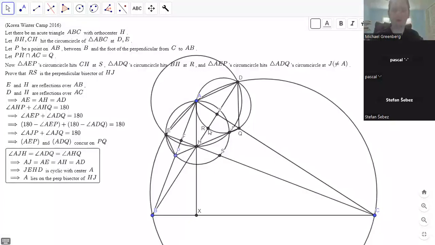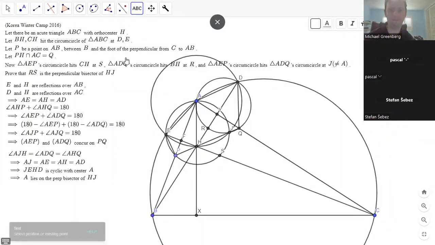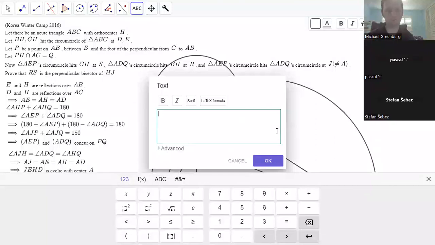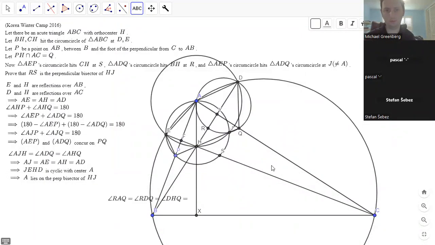So I'm going to show that angle RAQ plus AQH is 90. Angle RAQ is RDQ, which is DHQ, so that is 90 minus AQH.